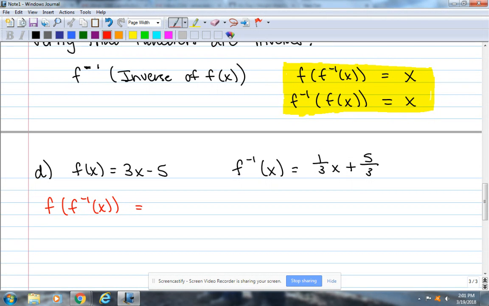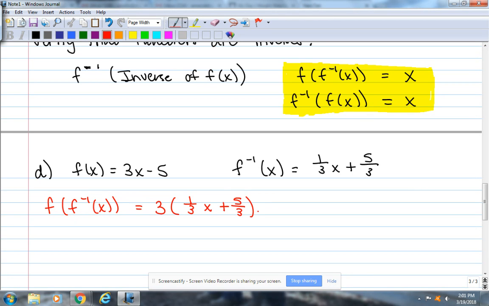So here's the inverse of f of x: 1/3 x plus 5/3. I'm going to substitute those in for the x right here. Okay? So where they have an x, I'm going to put 1/3 x plus 5/3. So I'm going to have 3 parentheses. And then in for x, I'm going to substitute 1/3 x plus 5/3.